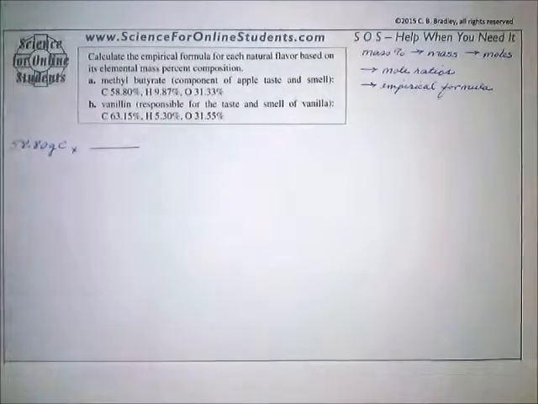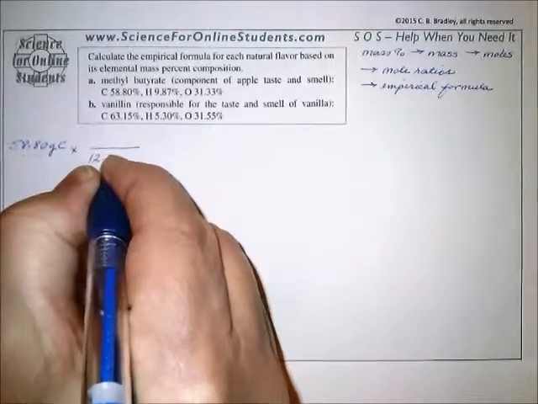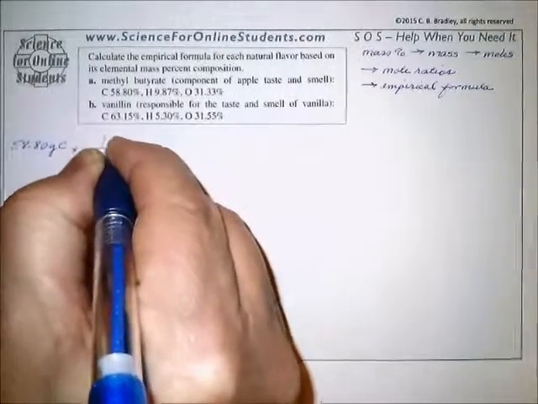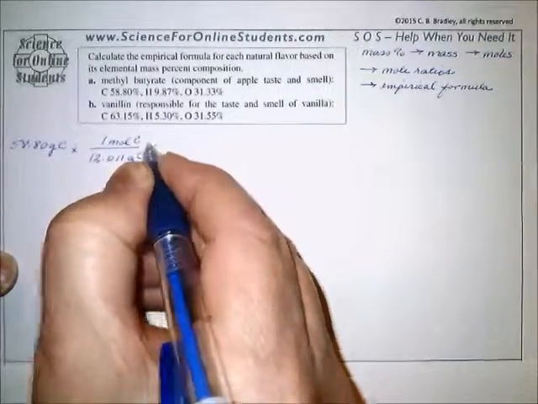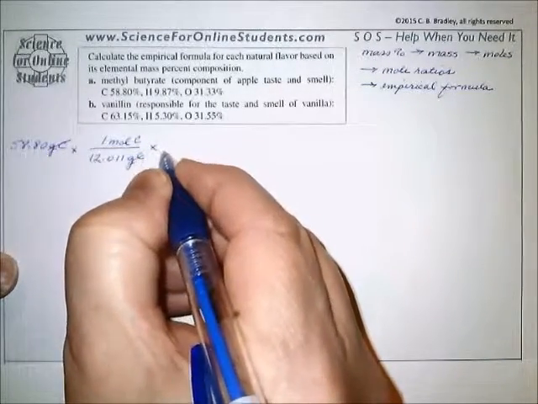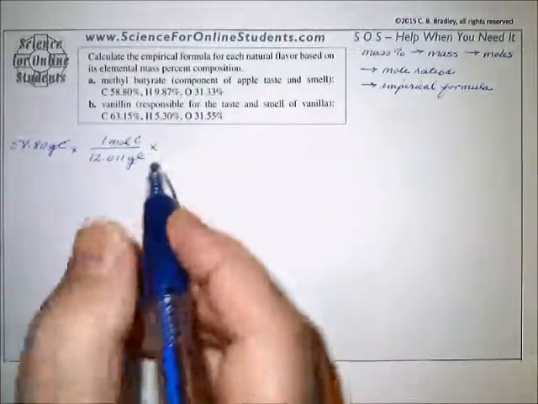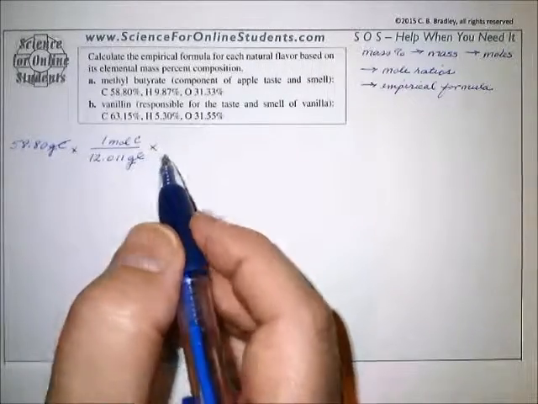All right. Carbon, that is 12.011 grams of carbon is 1 mole of carbon. Grams of carbon cancel. And let's see, we just need to find the number of moles here.